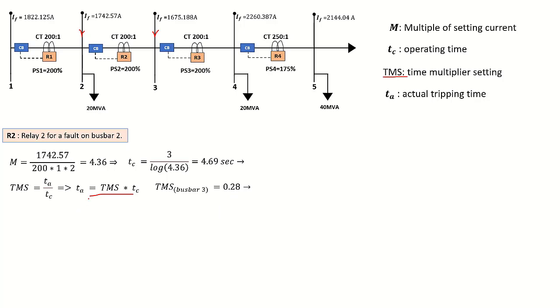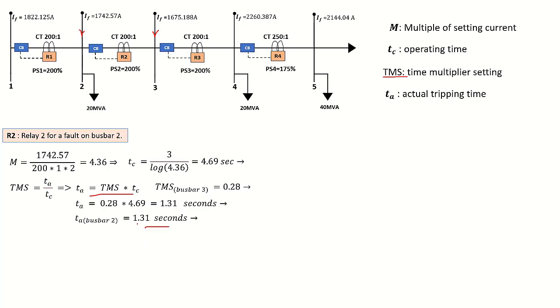You then multiply that TMS value times your TC to get your new TA for this relay. You can clearly see that this TA is equal to 1.31 seconds. So TA for relay 2 for a fault on busbar 2 is equal to 1.31 seconds.